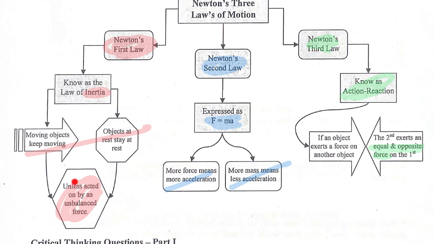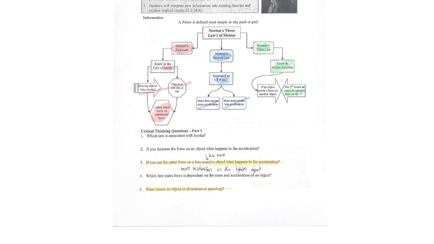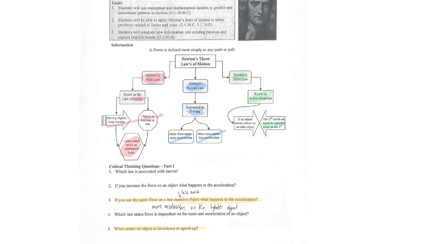What is the name of the force that acts against motion? Starts with F. Friction. Or air resistance, things like that. So friction slows things down. It's the unbalanced force which slows things down. Okay? Not that one. Let's have a look at the next one.